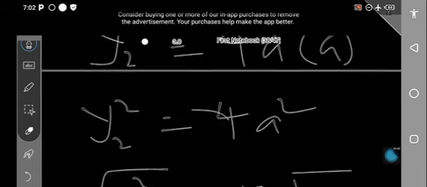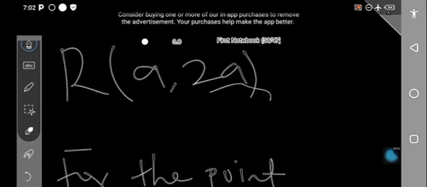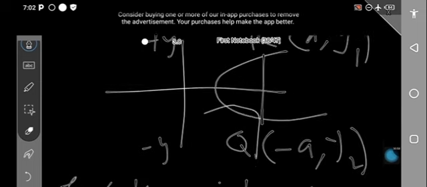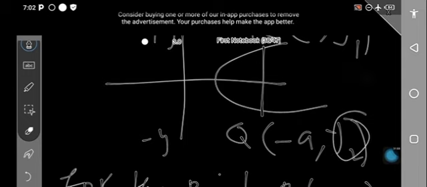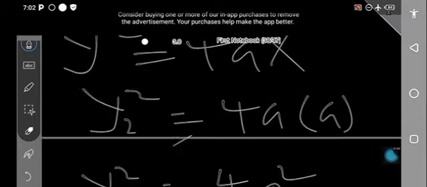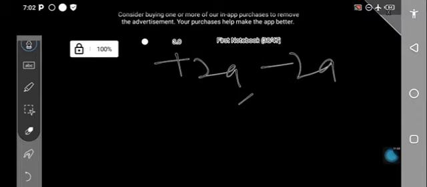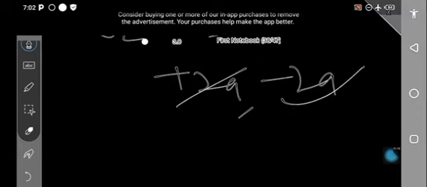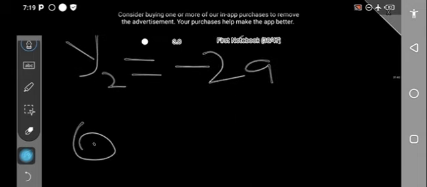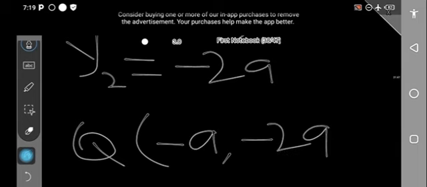Now, because of the position of Q, you can see the position of Q according to the graph. Let's check it. It is negative, as I've said. So we take y2 equals minus 2a, and so the coordinates of Q will be (minus a, minus 2a).